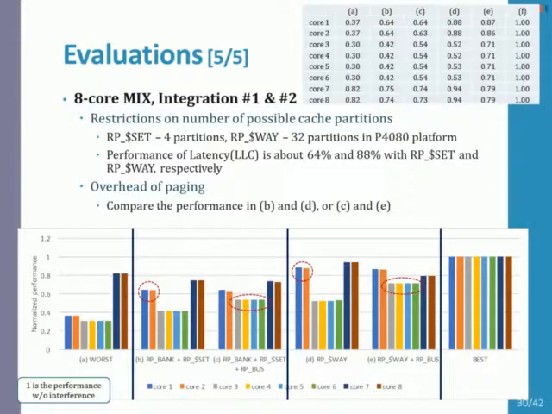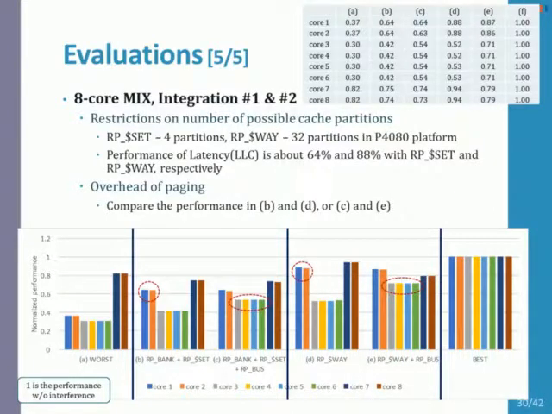This is the last experiment result. In these results, we can see the limitation of set-based cache partitioning by comparing graph B and graph D. Compared to the worst case, if we adopt set-based cache partitioning, the performance increases. However, if we use way-based cache partitioning instead of set-based cache partitioning, the performance improvement was about 24% more.